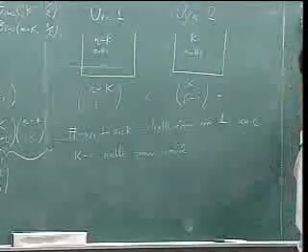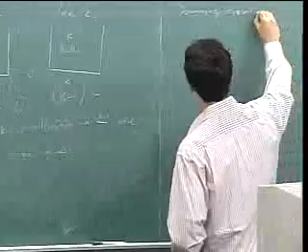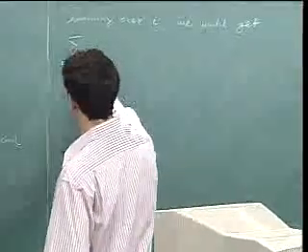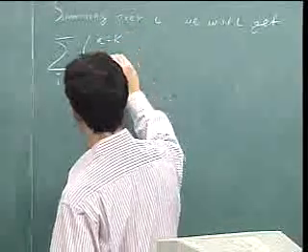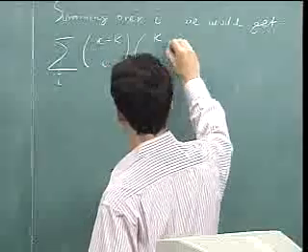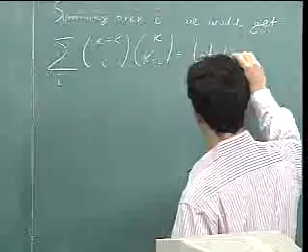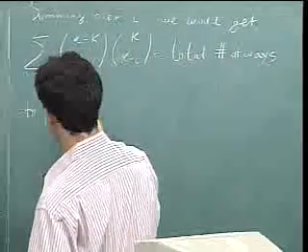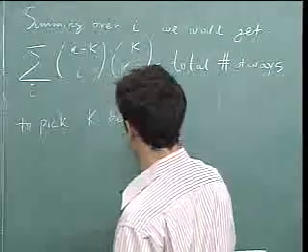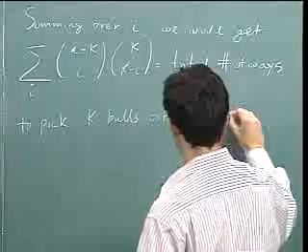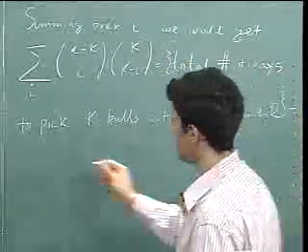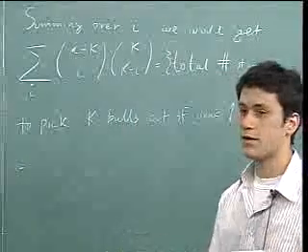And then, of course, this is just equal to the total number of ways to pick k balls out of n balls, because urn 1 and urn 2 have in total n balls.